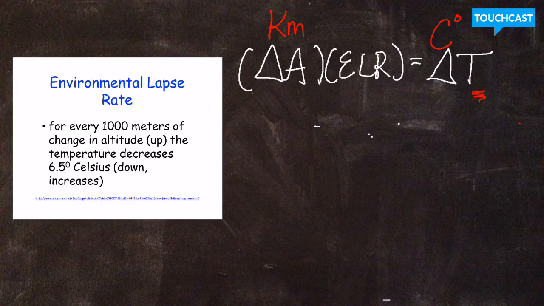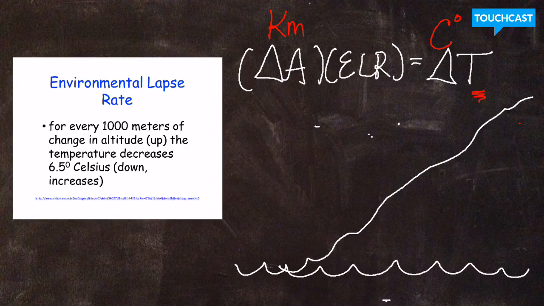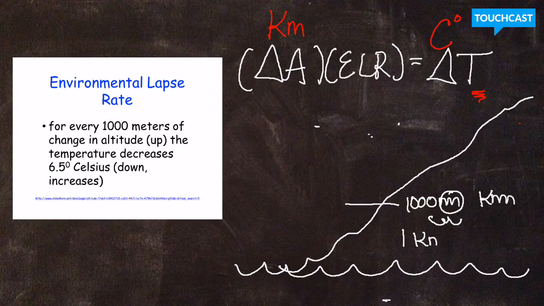Let's say that I'm hiking from the beach. So let's say I hike up 1,000 meters. Well, for our equation, we have to change meters to kilometers. So we're going to move the decimal over 3 places, so we have 1 kilometer.